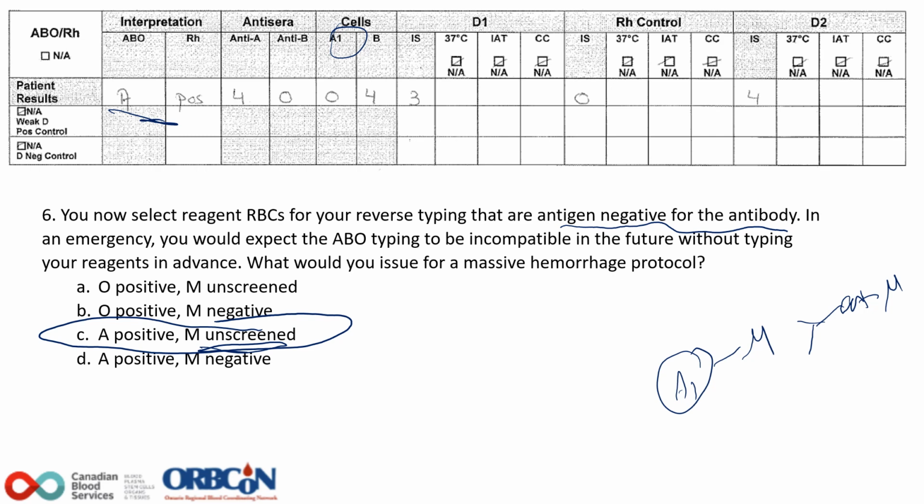So if you happen to transfuse a unit or two that are incompatible, they're not going to be removed right away, and so you'll be able to save the person's life because the red cells are going to survive for a day or two. Now the clinicians can go and do other things like apheresis if they need to get rid of it or support the patient until the units are cleared, but even if it was clinically significant, it would not cause an issue, especially in an emergency setting. You need to save the person's life in the moment, and that anti-M will not cause harm in the moment.